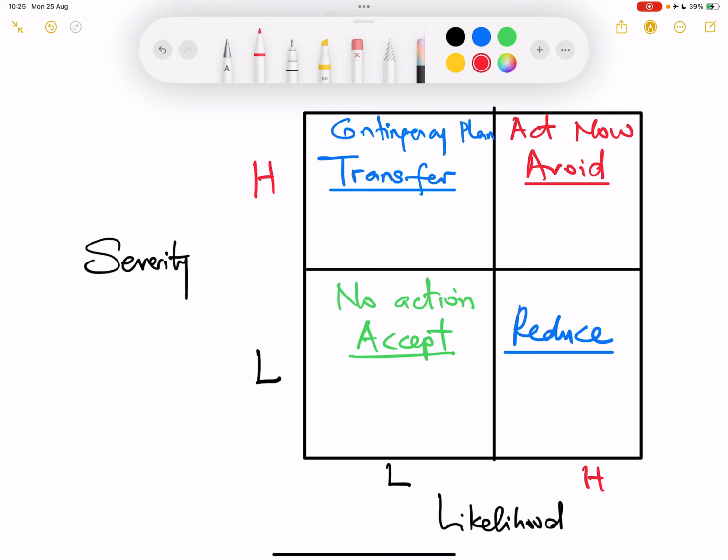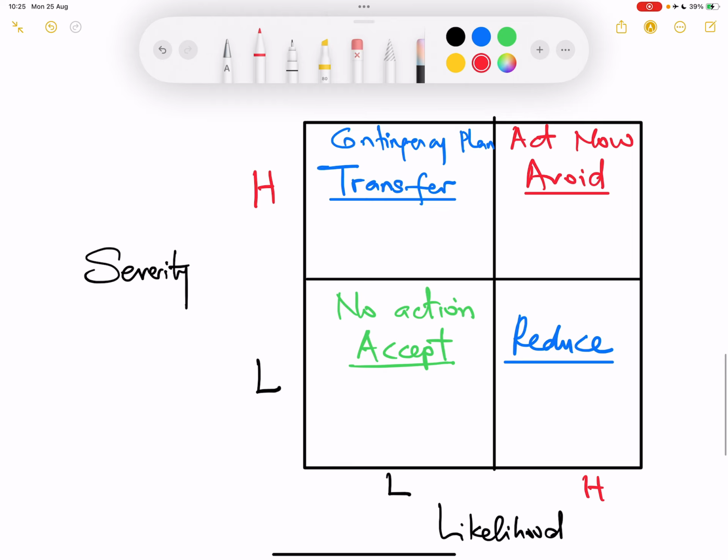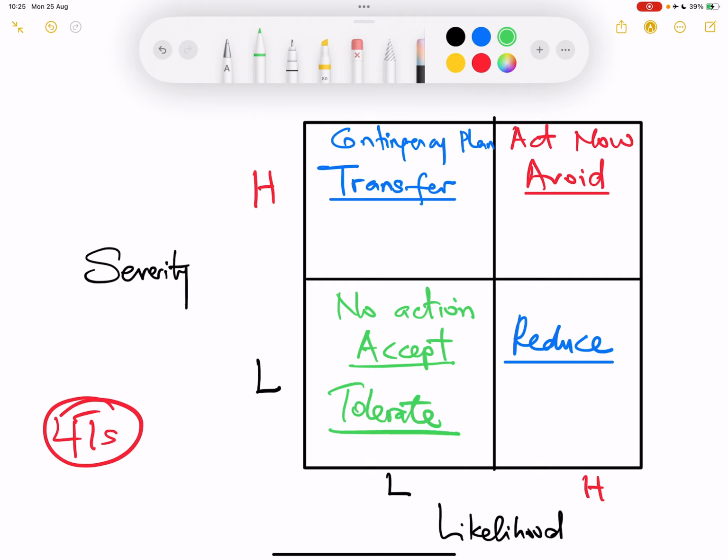Yeah. So there's another model that you call 4Ts that you can also use for risk management, which is similar to transfer, avoid, accept, reduce. So like for accept, you say you want to tolerate. That's another word, if you're using 4Ts, so same thing, tolerate. And this is already transfer, yeah. So it's T already, so you can transfer. And you can as well terminate if you don't want it.